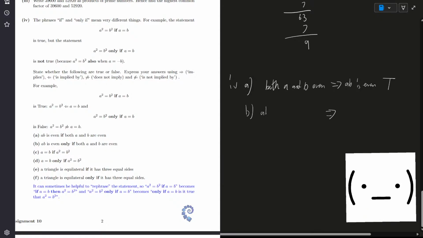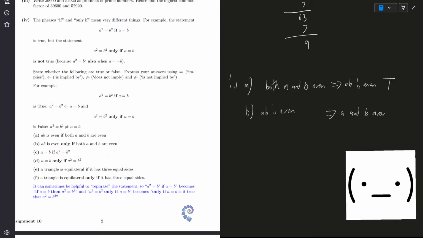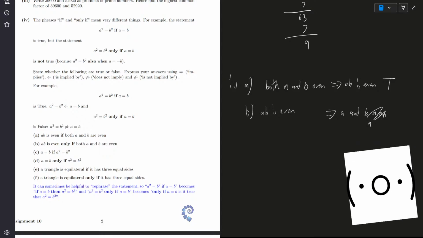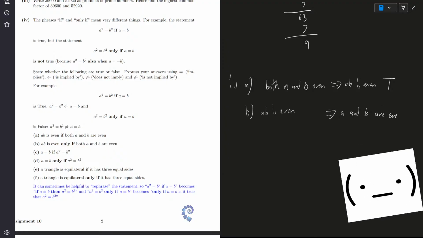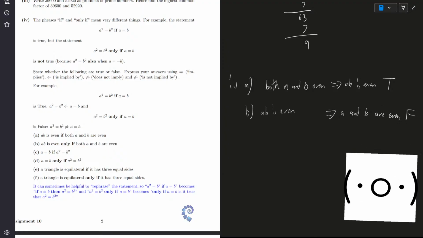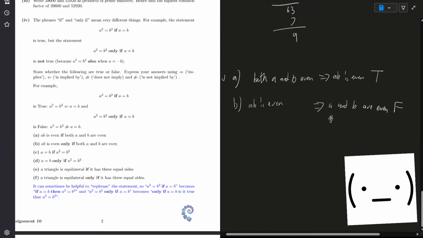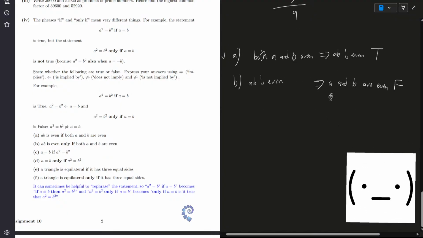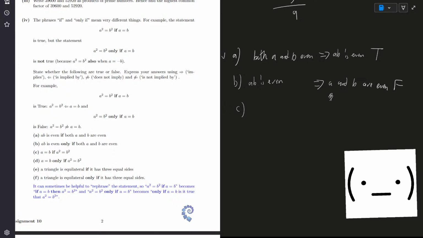So AB is even, A and B are even. Oh, I just completely messed up the writing there. Are even. There you go. False. Very clearly false, because if A is odd and B is even, then it becomes even. So yeah, AB is even does not imply A and B are both even.